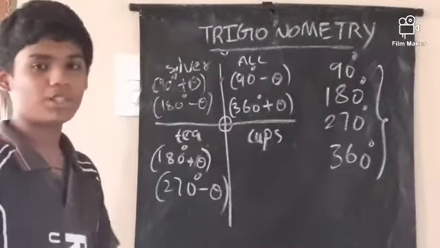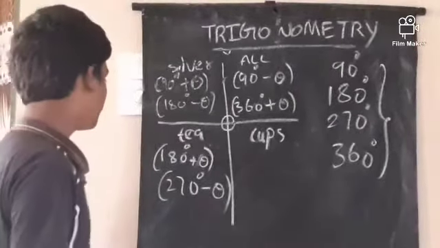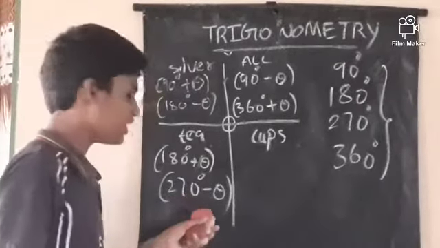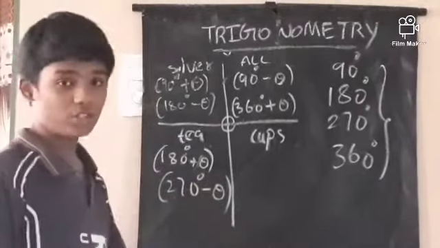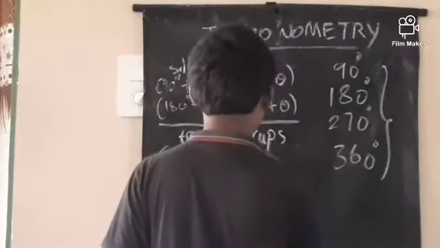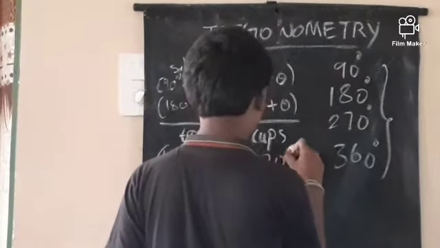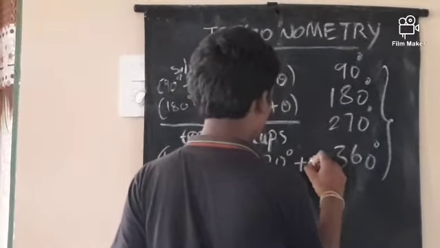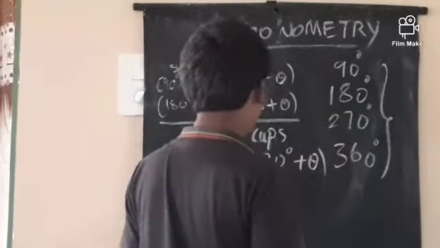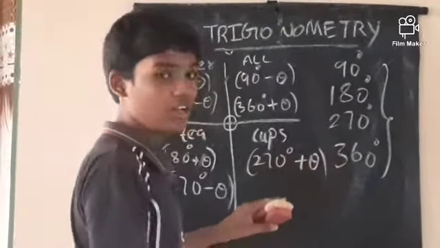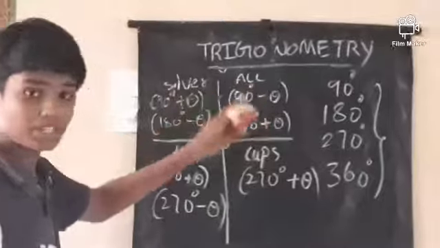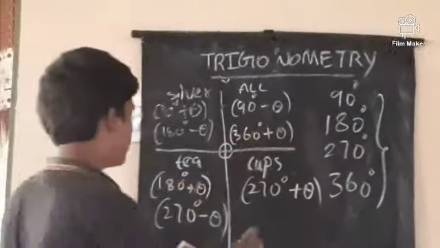Like that you will keep some marks. Here 270 degrees minus theta. Coming to the fourth quadrant, 270 degrees plus theta. And again the last, 360 degrees minus theta. Okay, understand?